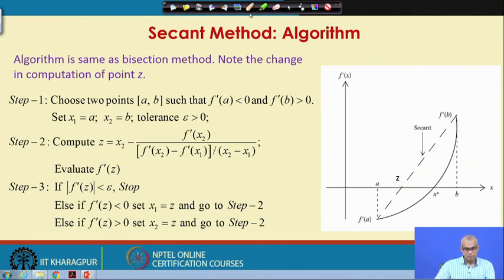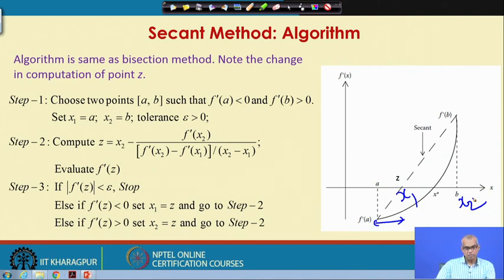The f prime z is negative, so the minimum will not lie here. So, the left half of z is eliminated, and we set x 1 equal to z and b is set at x 2, and we go to the next step to compute z.